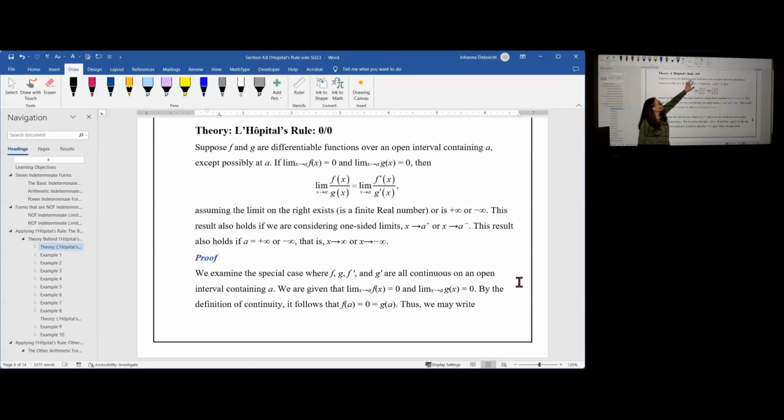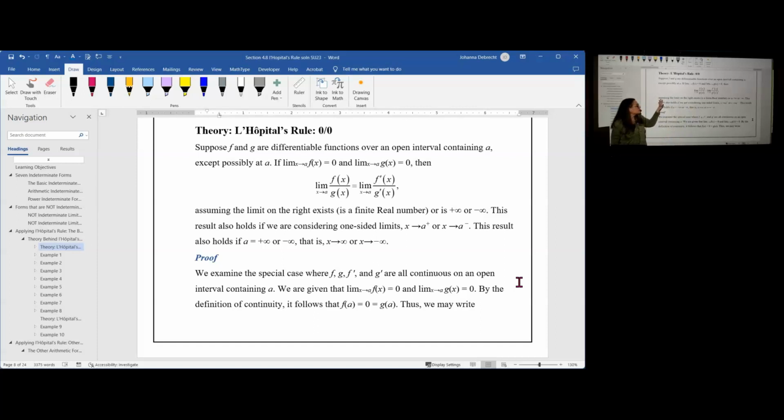Suppose f and g are differentiable functions over an open interval containing A, except possibly at A. It may not be differentiable at A. It may not even be defined at A. But other than at A, we know that it is a differentiable function on an open interval around A. If we know that the limit as x approaches A of both f of x and g of x is 0, then we can say that the limit of the ratio of f to g is equal to the limit of the ratio of their derivatives.